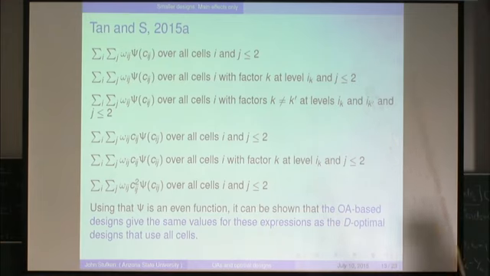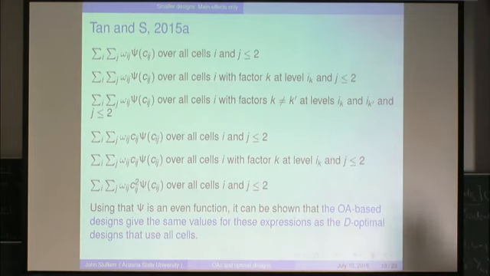You take two factors, for those two factors, you fix the levels, and now you sum only over those cells where those two factors are fixed. And that's where you need the orthogonal array property to show that when you do that, you get exactly the same as when you sum over all possible cells for the two types of designs that we have just described.